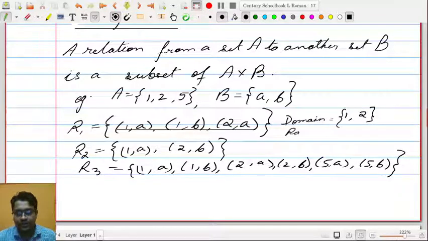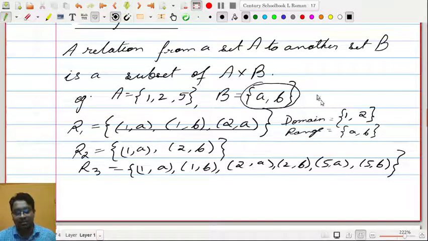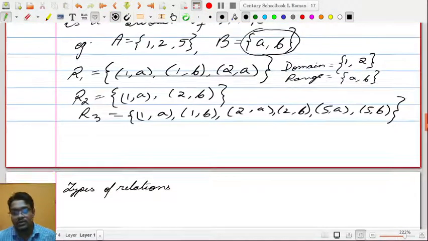The range is the set of second elements, the elements which are related to some element in A. The codomain is the set B itself, that is, the second set is the codomain.